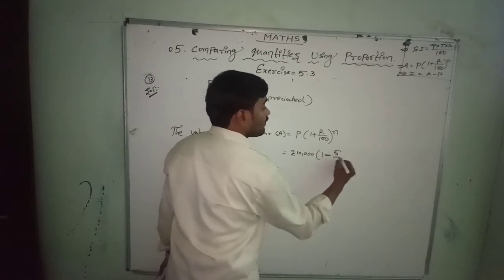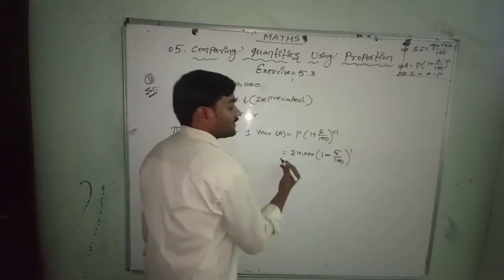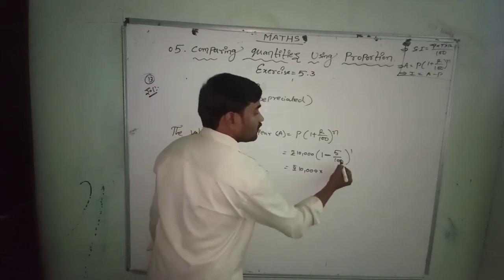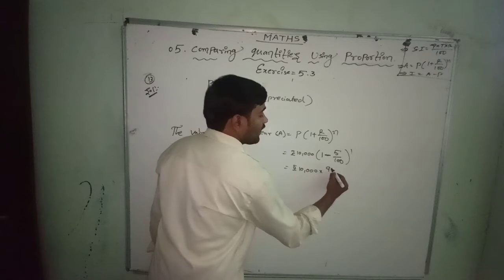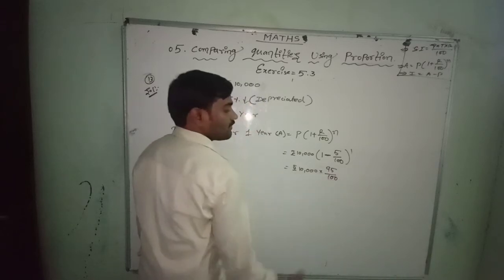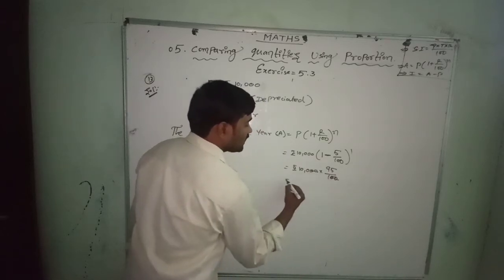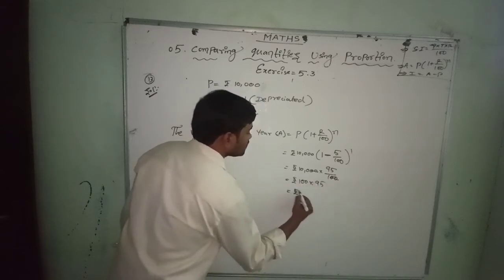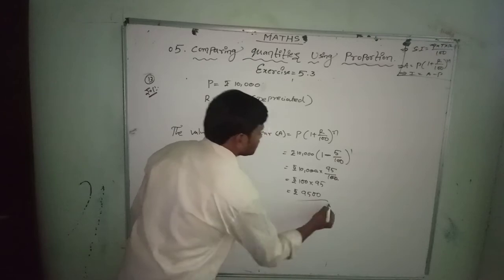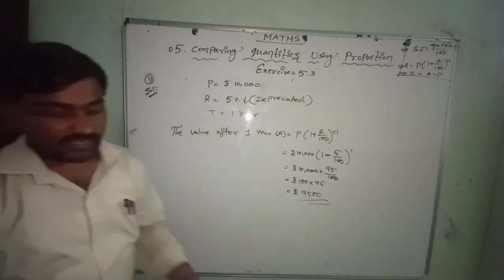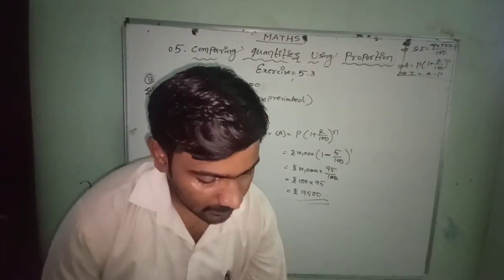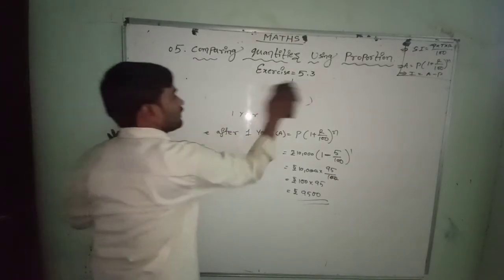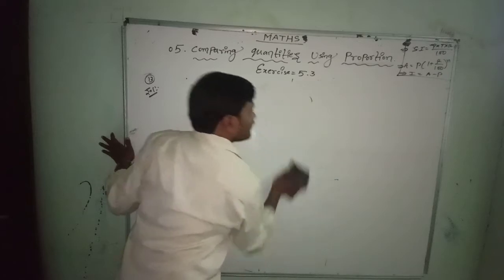So use minus 1 by 100 whole to the power of only 1 year. So rupees 10,000 into 100 minus 5, 95 by 100. So two zeros and two zeros get cancelled. Rupees 100 into 95, that is rupees 9,500. So after the end of 1 year, it was 9,500. So this is the 13th one. Simple, very simple questions.